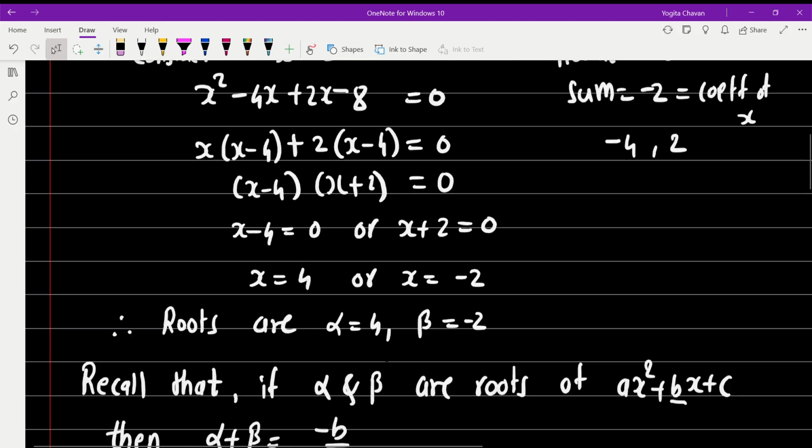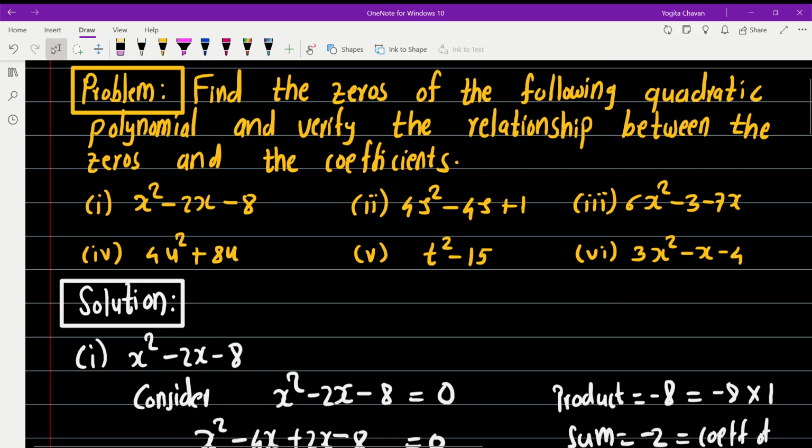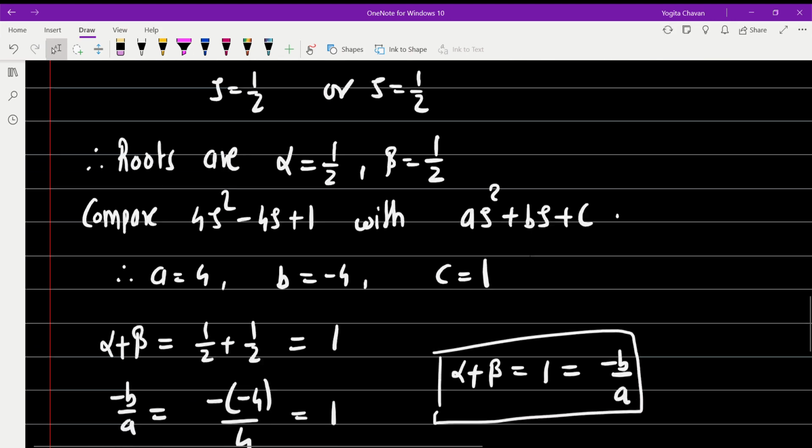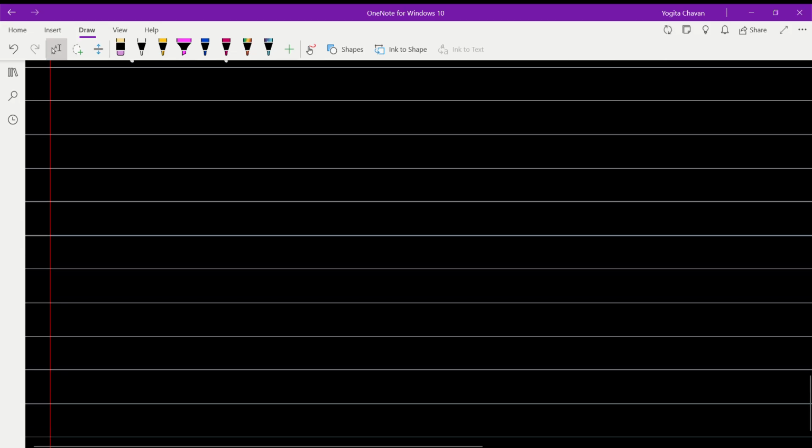Now number 3, okay, it is 6x square minus 3 minus 7x.